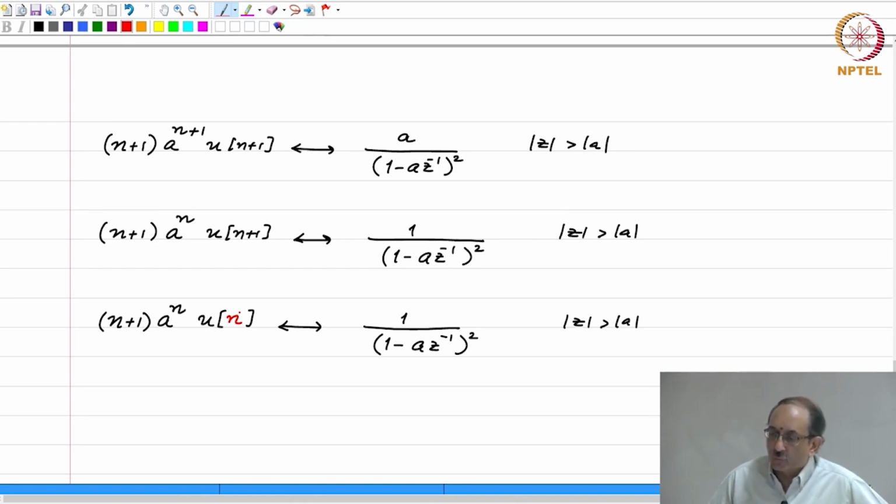So at n equal to minus 1, this is 0. Therefore, this starts off at n equal to 0, and to reflect that, you have the expression that is usually written in this form.